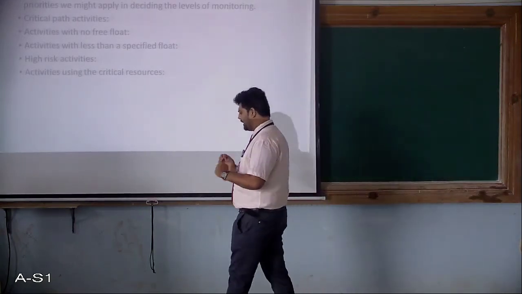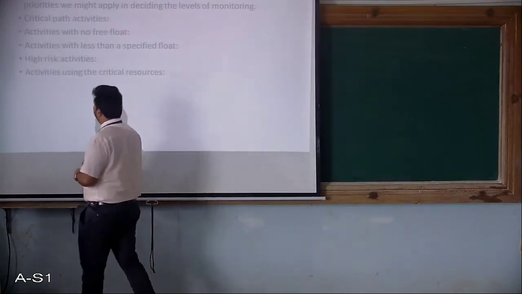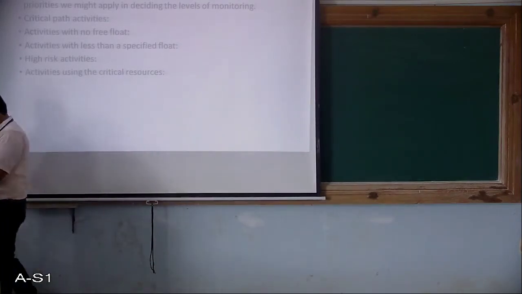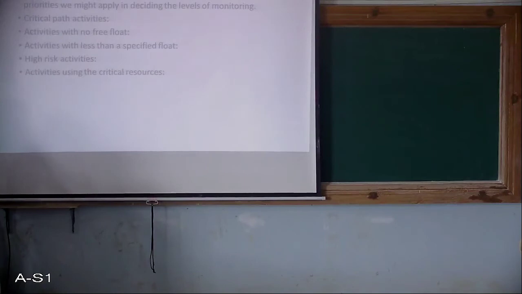There is a slight difference between all these different types of steps. So critical path activities means that any delay in an activity on the critical path will cause a delay in the completion date of the project.